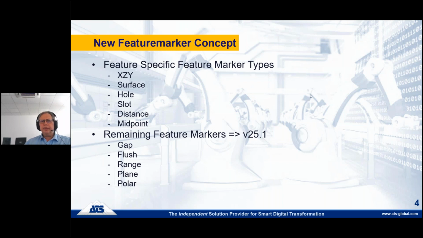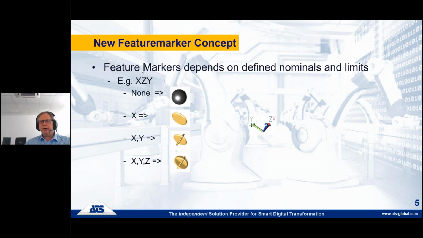So this new feature marker concept shows different markers depending on defined nominals and limits. As an example, that's X, Y, Z, of course.